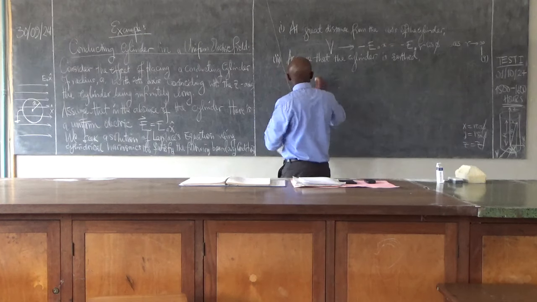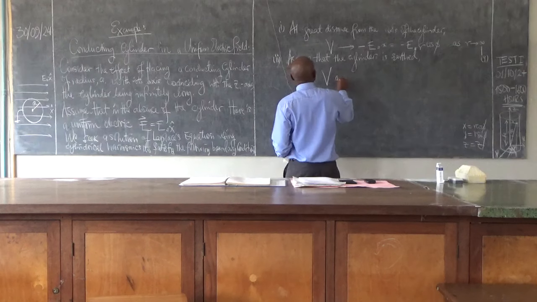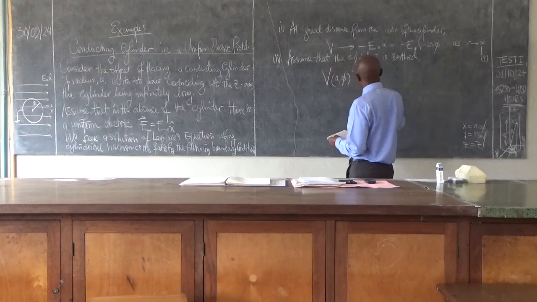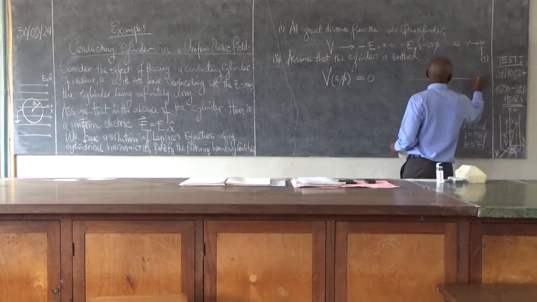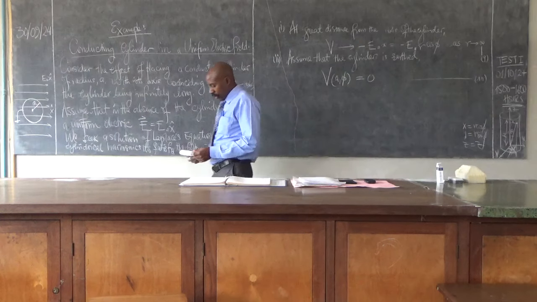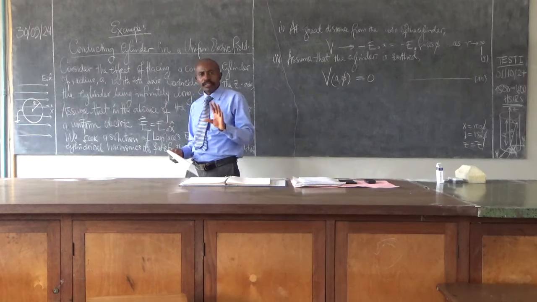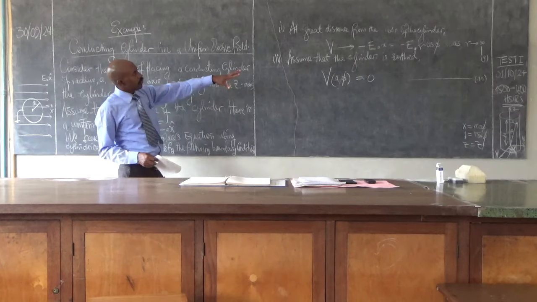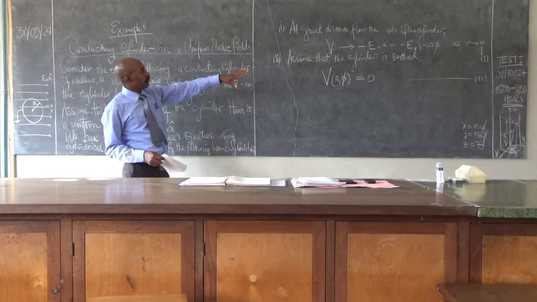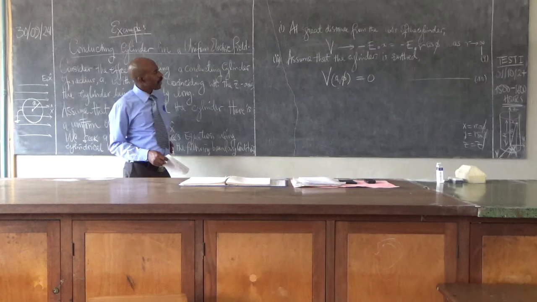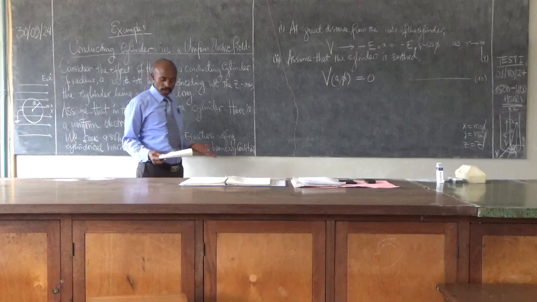The potential at R equal to a would be equal to 0. This is our equation. Now that we have these two boundary conditions, far away from the cylinder the potential is minus E naught R cos phi. Just on the surface of the cylinder, when it is earthed, the potential is 0, which is an equipotential surface.